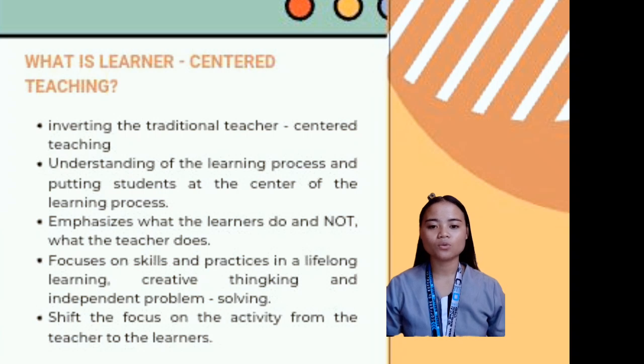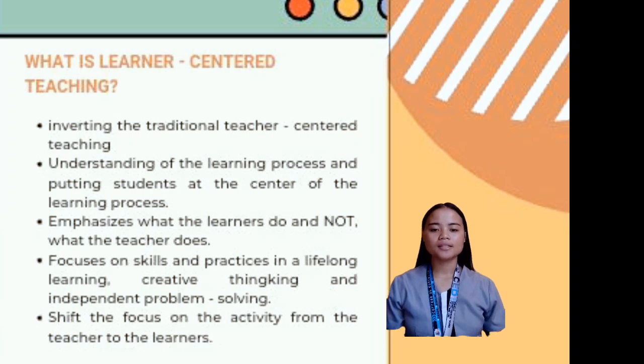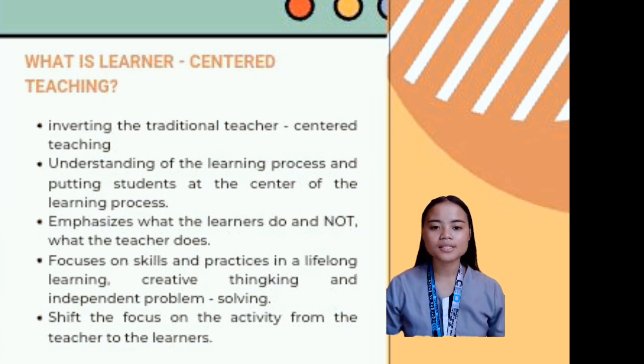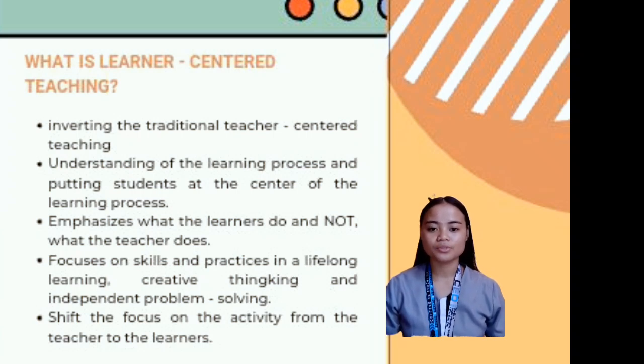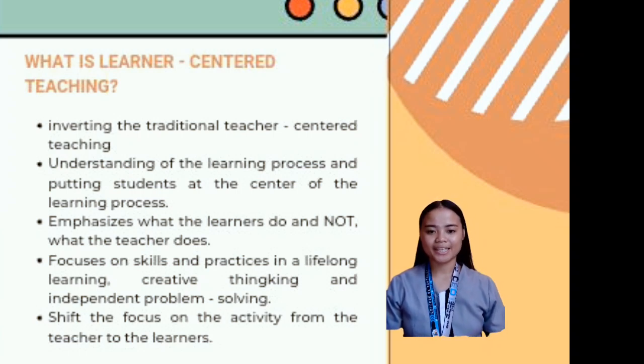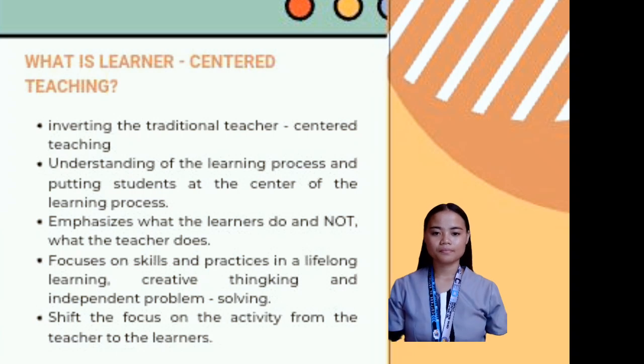So, kinahanglan natong mabalaan nga as a future educator para po makabalutas sa atong learning goal para sa ilaha and makabalutas sa mga strategies nga ato ang gi-implement to the students. And given that, we can put the students at the center of the learning process.